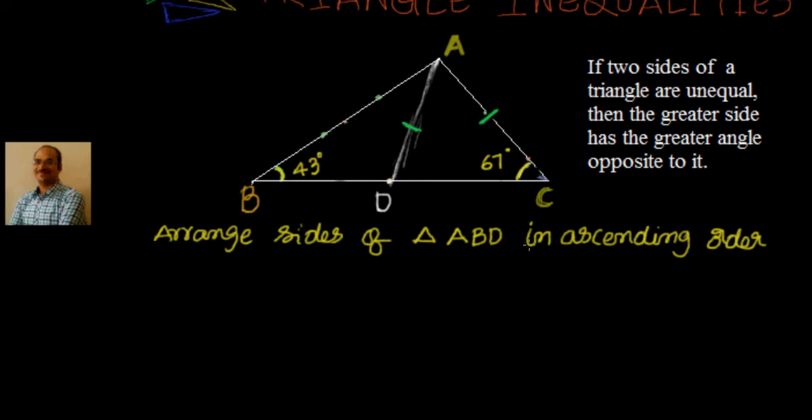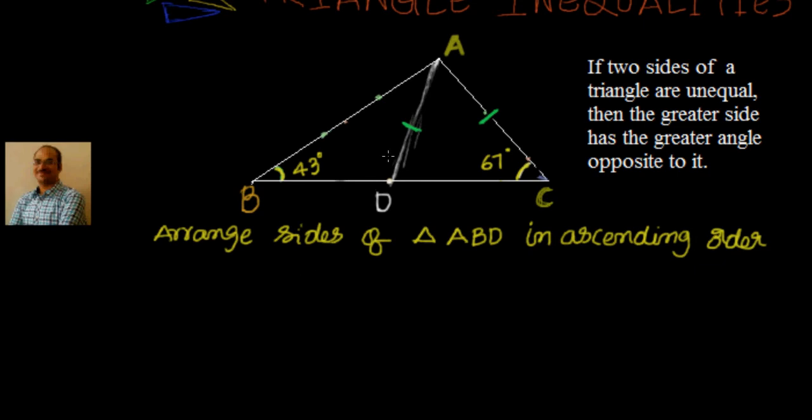To arrange the sides of ABD in ascending order, I should know the angles here, so that I can say that if the angle is greater, the side opposite to the angle is greater. Based on that, I can put them in the ascending order.